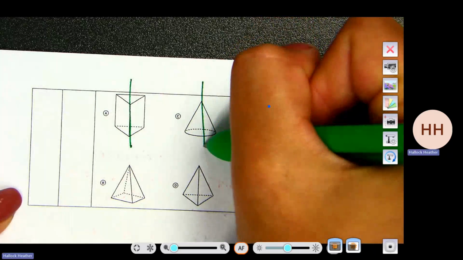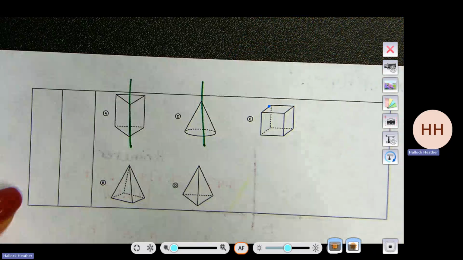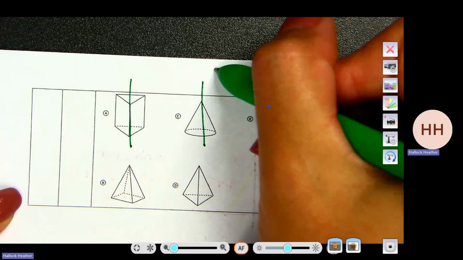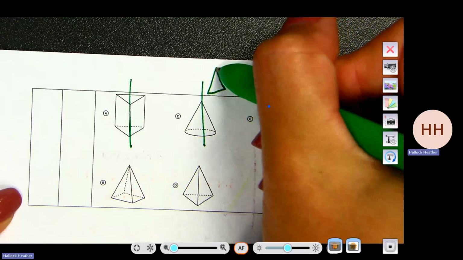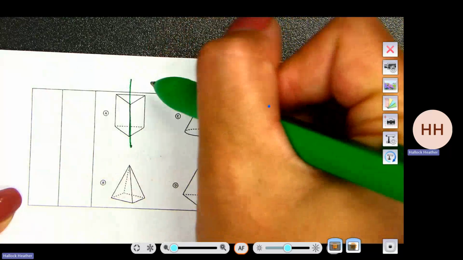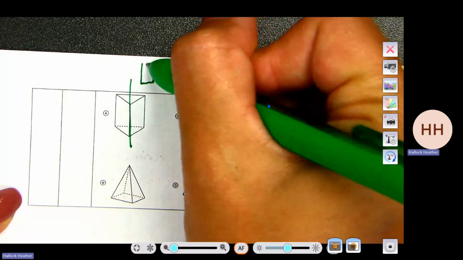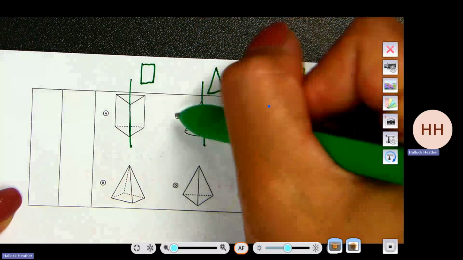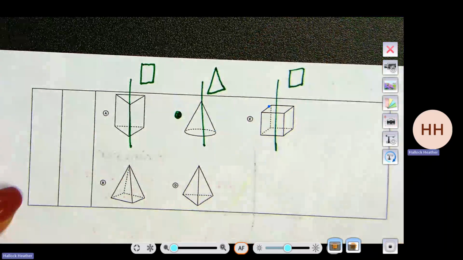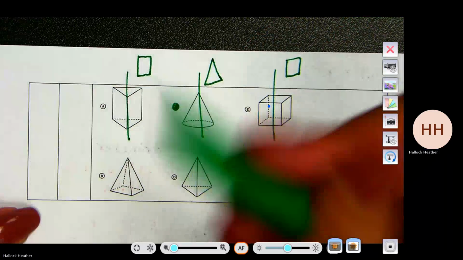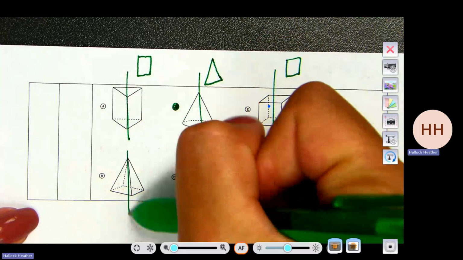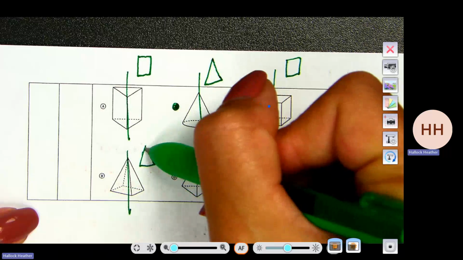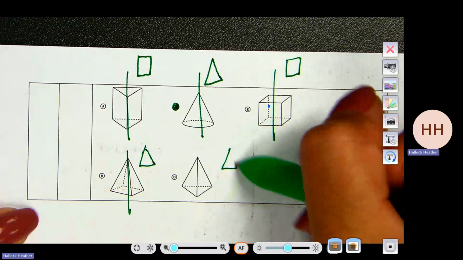This one, if I slice it, would make a triangle on the inside because it's a 3-dimensional cone. This one, the inside vertically would make a rectangle. This one would make a square. So this is one of them, because I'm looking for triangles. This one, if I slice it, would also make a triangle, and this one would also make a triangle.